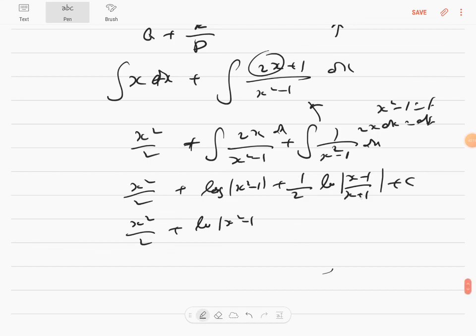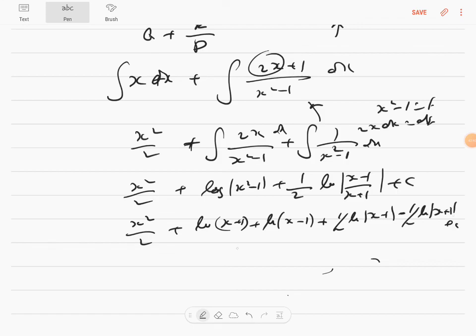Write this as x plus 1 into x minus 1, so it will be log of x plus 1 plus log of x minus 1, because logarithmic multiplication becomes addition, plus half log of mod of x minus 1 minus half log of mod of x plus 1 plus c.